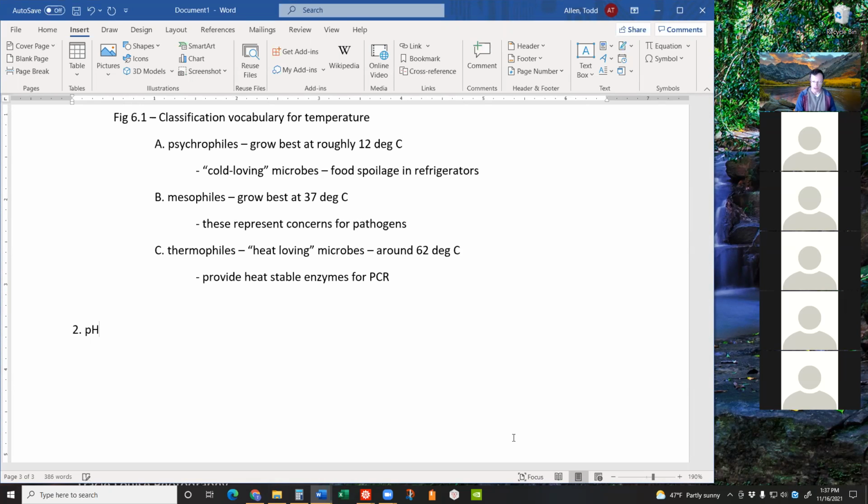pH is another big consideration. Changes in the environment that the cell is in, like the liquid it's in or the soil it's in, the change in the pH of that environment will change the shape of the molecules that are inside that bacterium or fungus or protozoa. And then those molecules change shape, they change function, and they don't work as well as they're supposed to work, right?